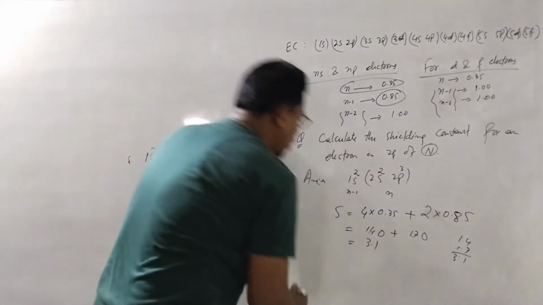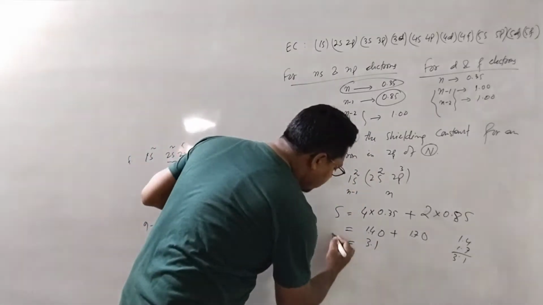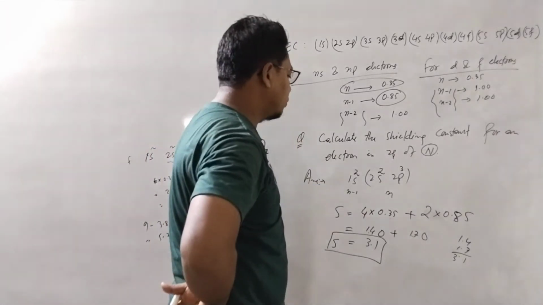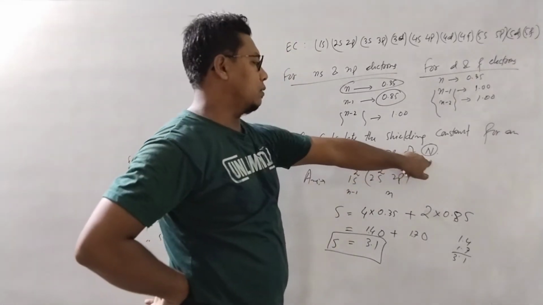This is the value of shielding constant for an electron in 2p of nitrogen atom.